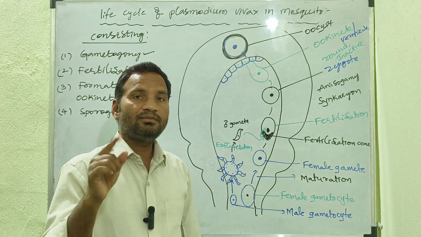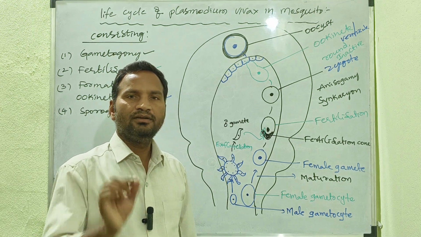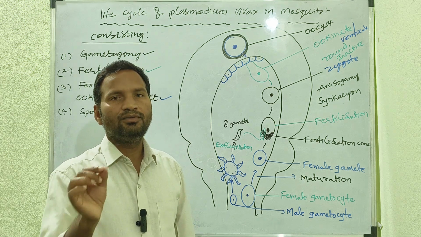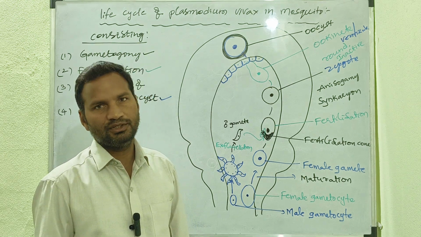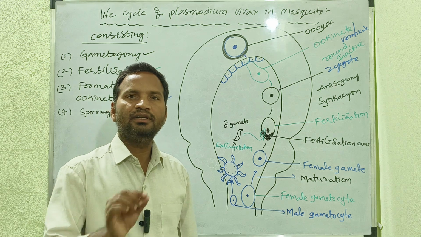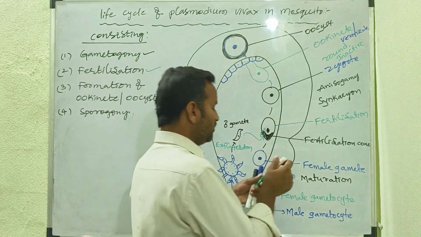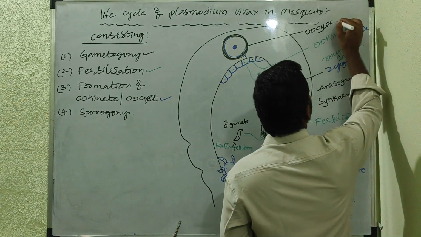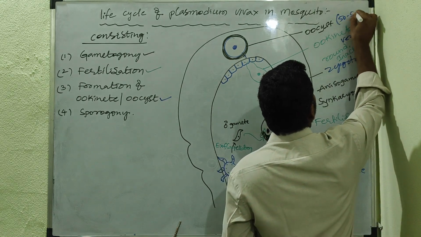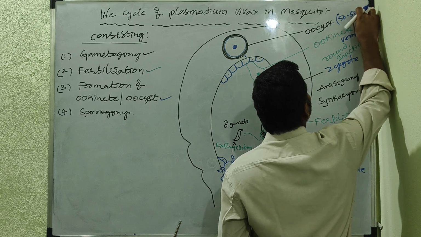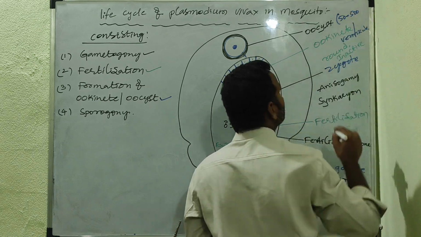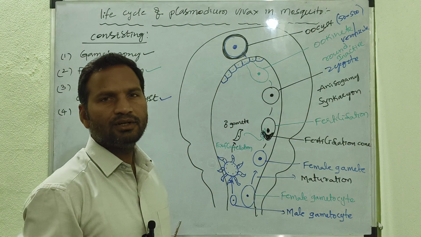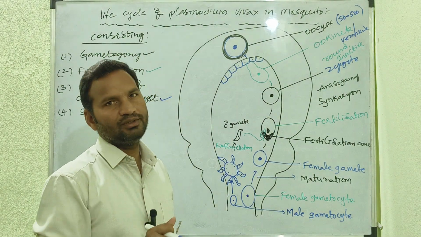After encystation, about 50 to 500 oocysts are formed in the crop of the mosquito, which appear like small nodules.